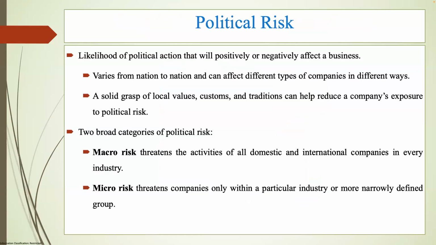Political risk. Traditional sources of political risk include matters such as government instability, internal and external conflict, military and religious involvement in politics, corruption, changing laws and regulations, and politicized bureaucracy.